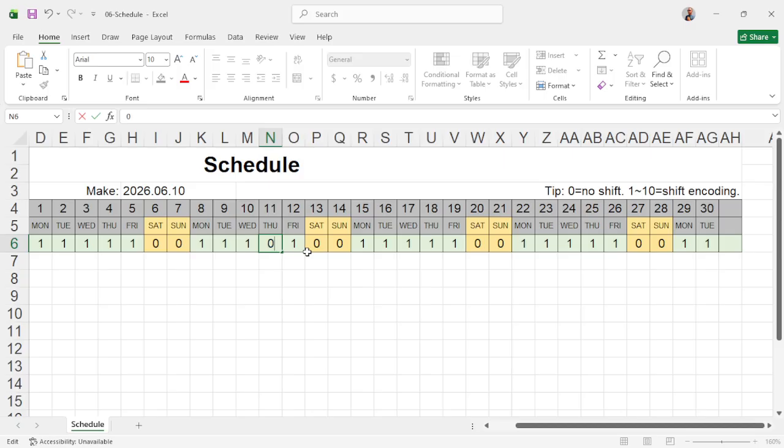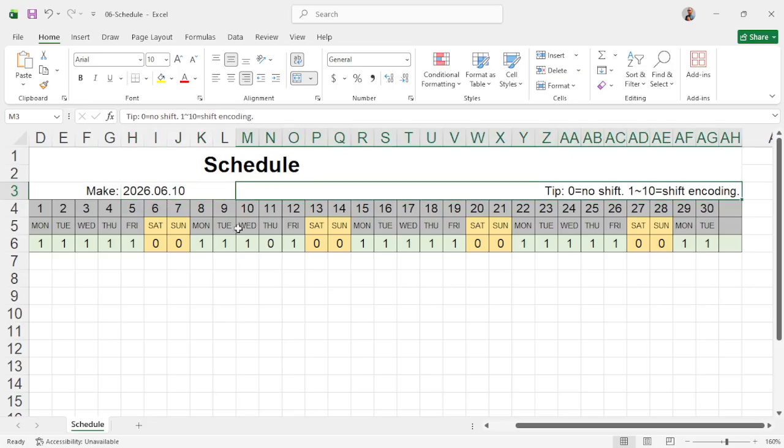Let's say this day we are going to put a 0. Before I rush to any of that, you are able to see the date here, 2026, June 10th. This is when this was extracted. So this is definitely for June.